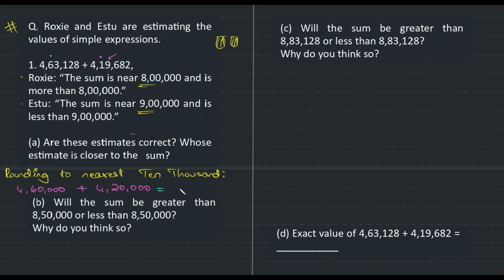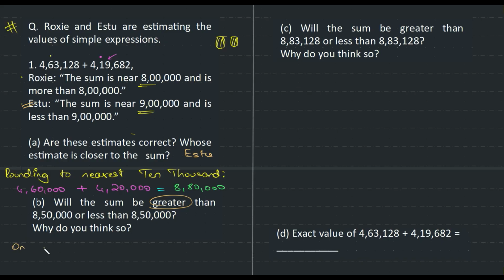And the result turns out to be 8,80,000. So who has a better approximation? S2. So the answer for us over here is S2. Will the sum be greater than 85 or lesser than? Clearly it is greater than. Why do you think so?